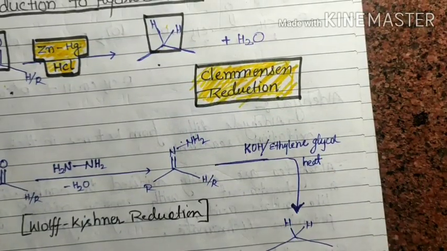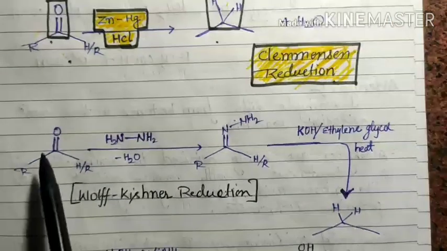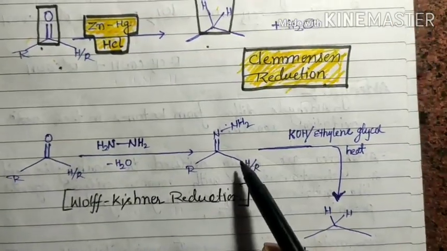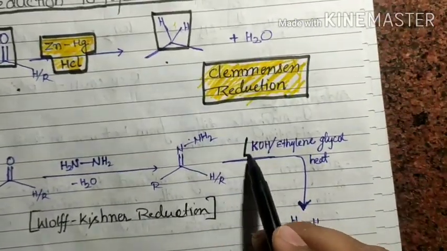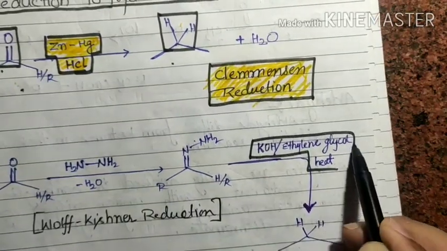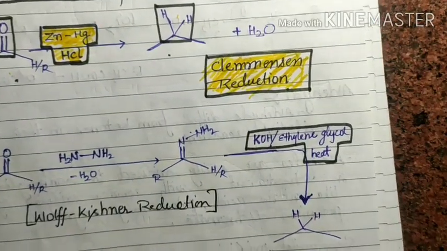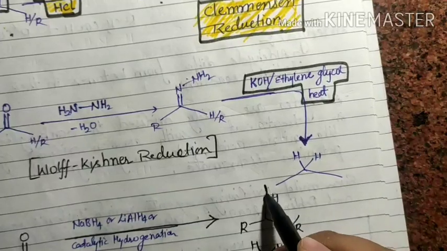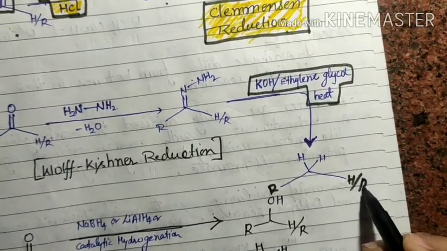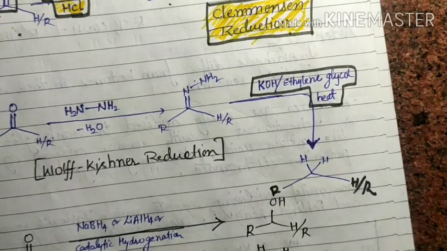So this is the step: first, aldehyde or ketone reacts with hydrazine to give hydrazone, and hydrazone reacts with KOH, ethylene glycol, and heat to convert into the straight chain.